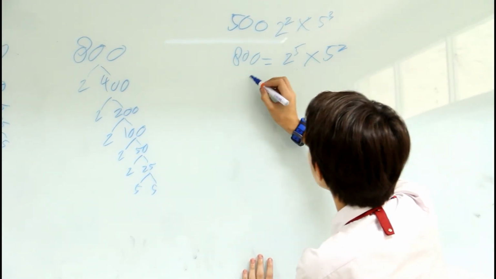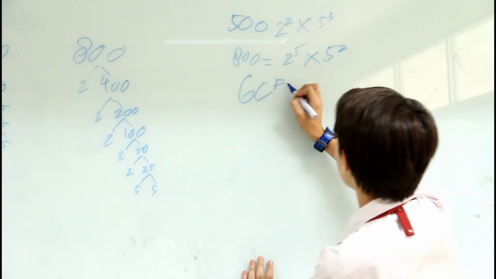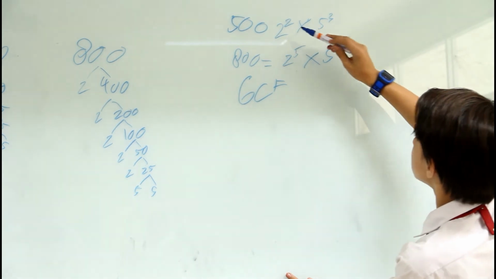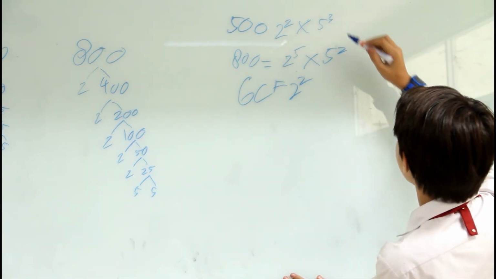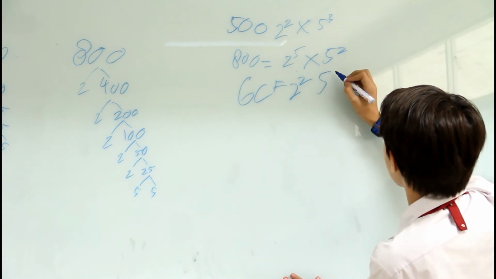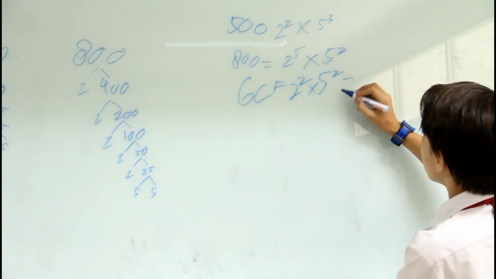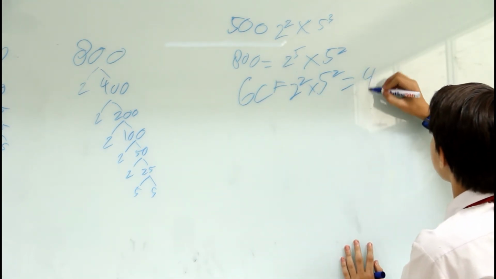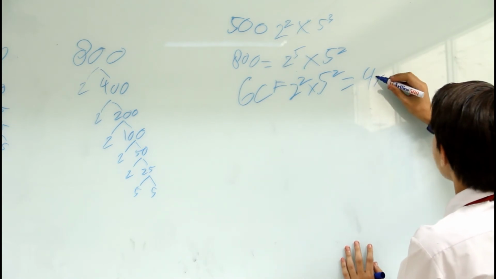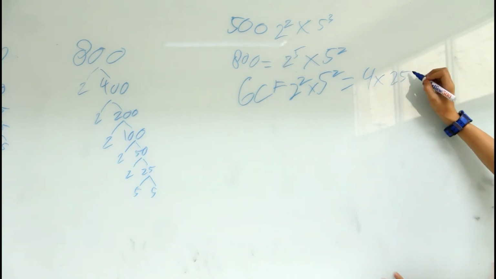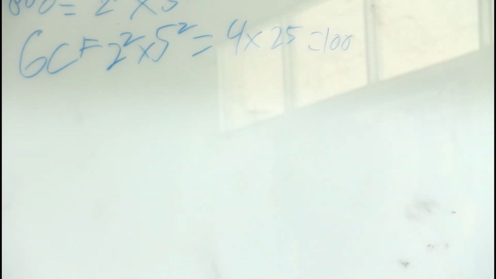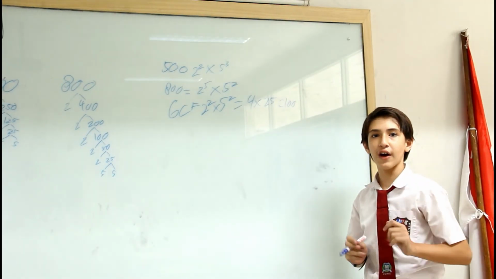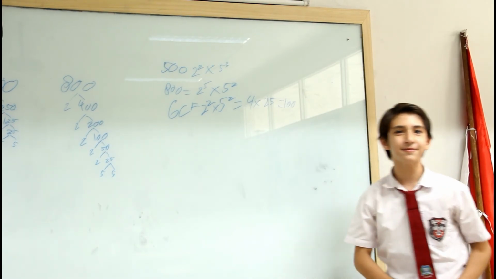The smallest power of 2 is in 500, which is 2 to the power of 2, and the smallest power of 5 is 5 to the power of 2. 2 to the power of 2 makes 4, and 5 to the power of 2 makes 25. And 4 times 25 equals 100. And that is how you find the GCF of 500 and 800. Thank you!